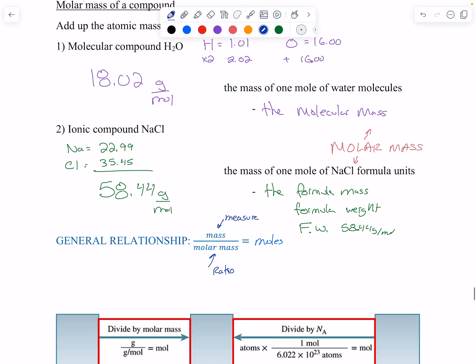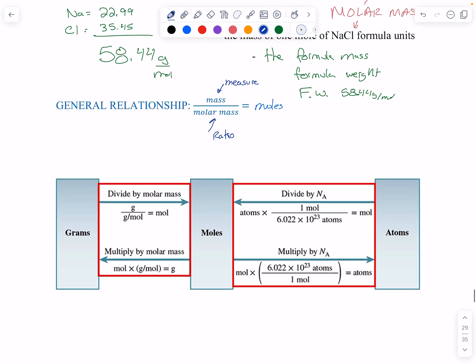So now we have, in this nice graphic here, something we measure. This is what we measure in, this is our ratio, and atoms and particles are how they interact.